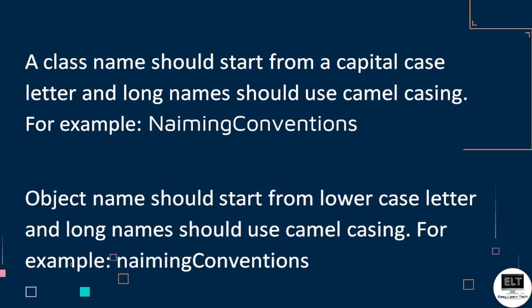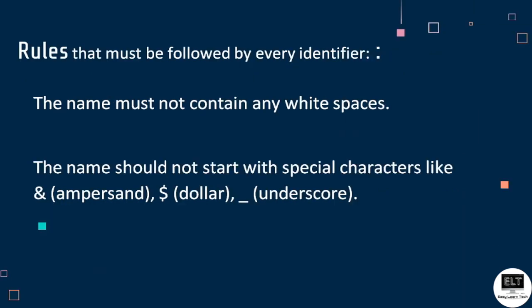An object name should start with a lowercase letter and if the name contains more than one word then it should use camel case. There are some rules that must be followed by every identifier. The name must not contain any white spaces and the name should not start with special characters like ampersand, dollar and underscore.